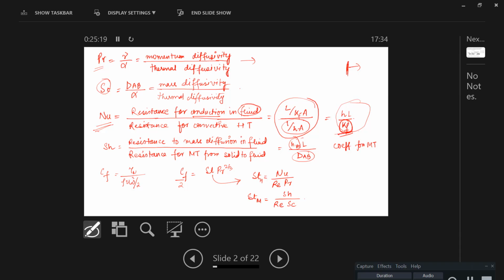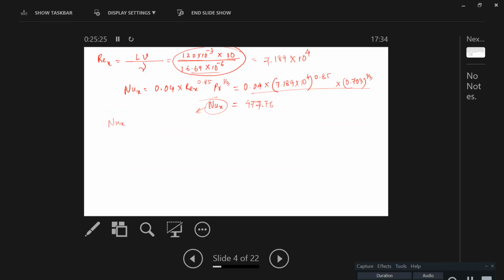Note that this k_f is the conductivity of the fluid, not of the solid. So this Nu_x is given by h_x into L divided by k_f. So it is a fluid. Now from here you can calculate h_x. h_x is given by Nu_x into k_f divided by L.